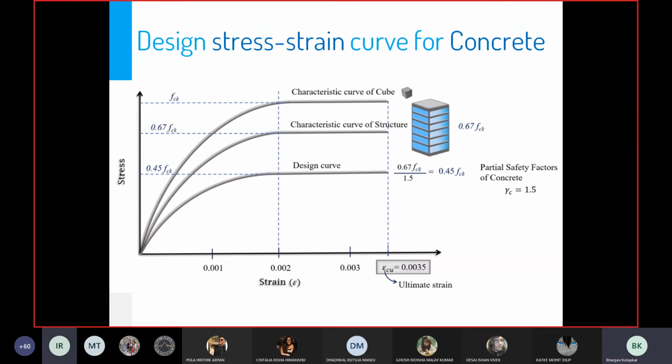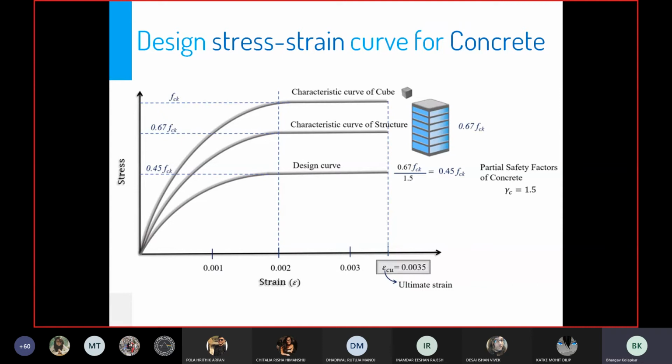Is that to account for the tension in the actual members while constructing? That is to take care of hundreds of factors. The most important being concrete is a heterogeneous material. If you test a cube and then you test a column, if you actually cast a column and then you have a huge dinosaur machine that can test your column, you will get a different value of stress.